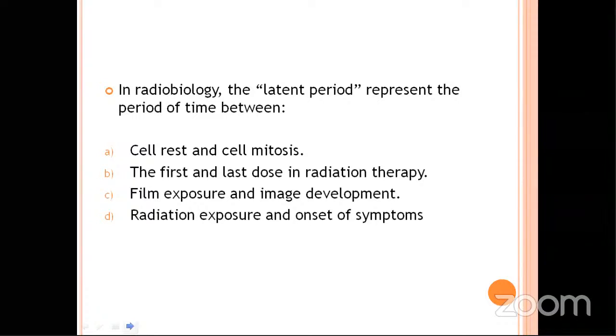What is the latent period? It is the entry of the microorganism in that particular person and the time until you get the first symptom. Here in radiobiology, the latent period is defined as the period of time between the radiation exposure and onset of symptoms.